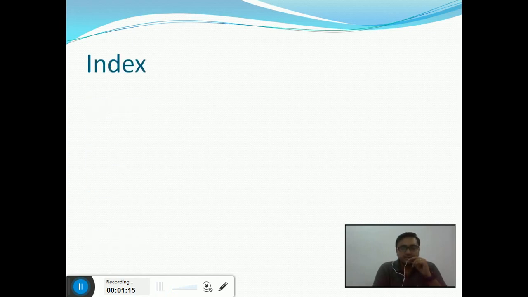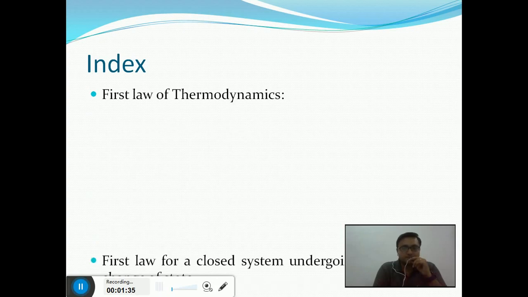Index. As per the syllabus of the GTU, Gujarat Technological University, Engineering Thermodynamics subject code 2131905, the second module of the subject is the first law of thermodynamics.